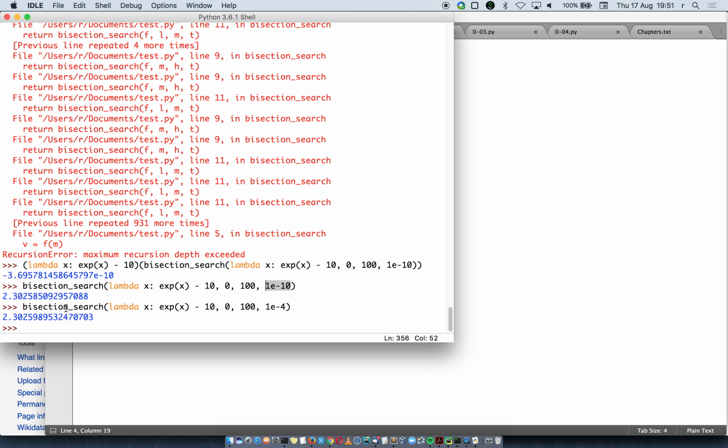But you see that in terms of moving around this number, the number is already quite good. We're not seeing a lot of movement around it. We're still up to about 5 decimal places are correct between tolerance minus 10 and tolerance minus 4. So it's not always worthy to ask for more tolerance, right? Increased tolerance doesn't necessarily give you a much better solution.